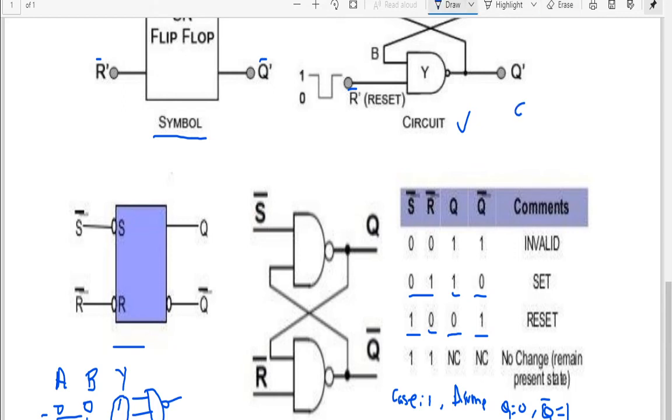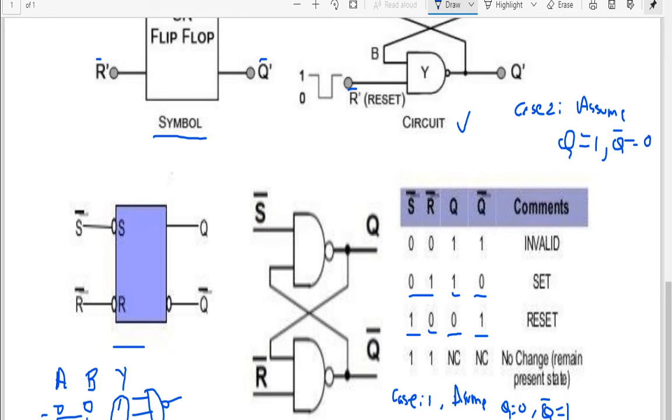In case 2, let us assume that q is now equal to 1 and q bar is equal to 0.